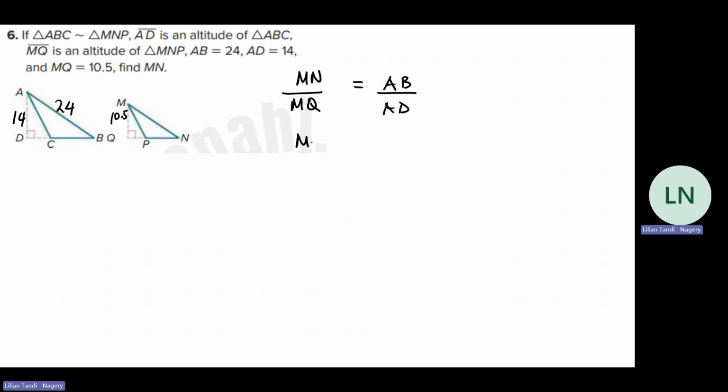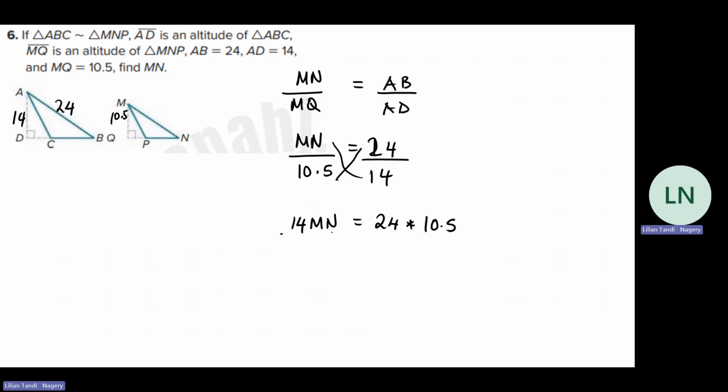I don't know MN, but I know MQ, I know AB, and I know AD. So we do the butterfly method. 14 MN equals 24 times 10.5.